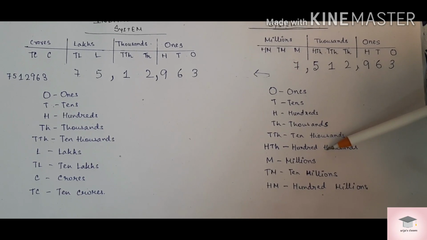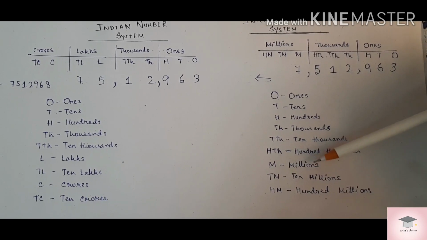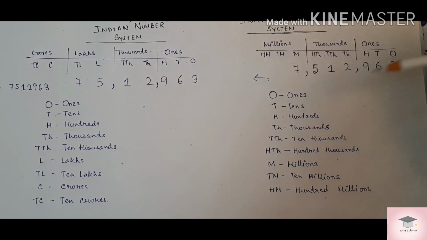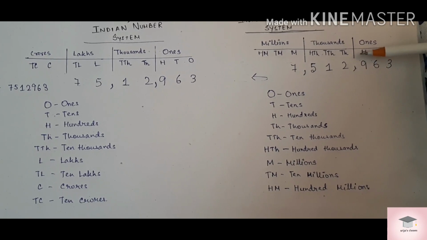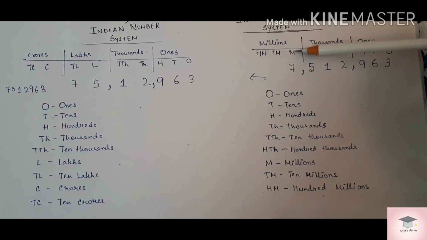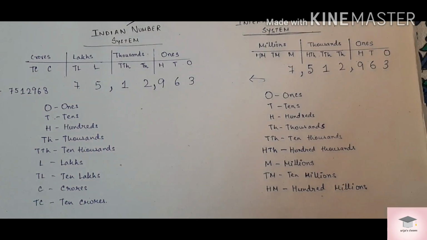But after this it changes. HTH 100,000s, M millions, TM 10 millions, HM 100 millions. So ones, tens, hundreds, thousands, 10,000s, 100,000s, million, 10 million, 100 million.